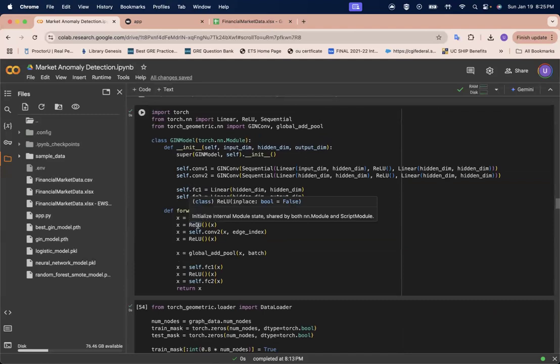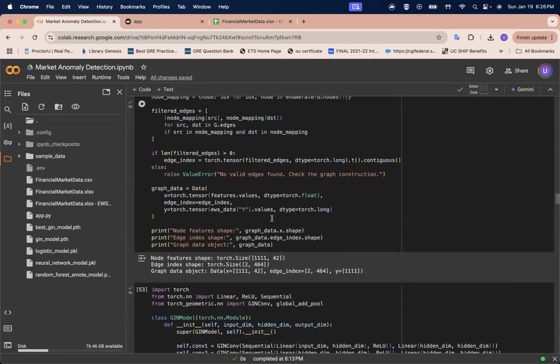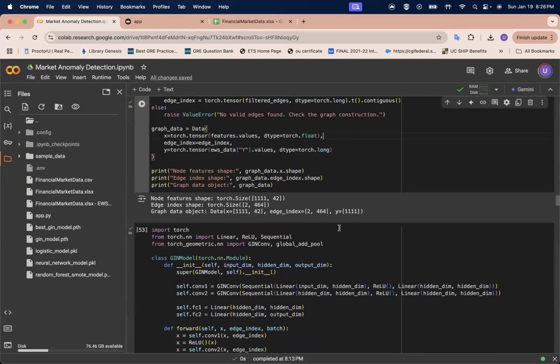Graph isomorphism networks or GINs are particularly effective in scenarios where the relationship between features matters, as well as when it is time series based information, as they model the data as a graph rather than just as a table. So in our case, we represented the financial data set as a graph where the nodes represent the currencies or market indicators, and edges represent the time series information, as well as capture the correlations and dependencies between the different nodes.